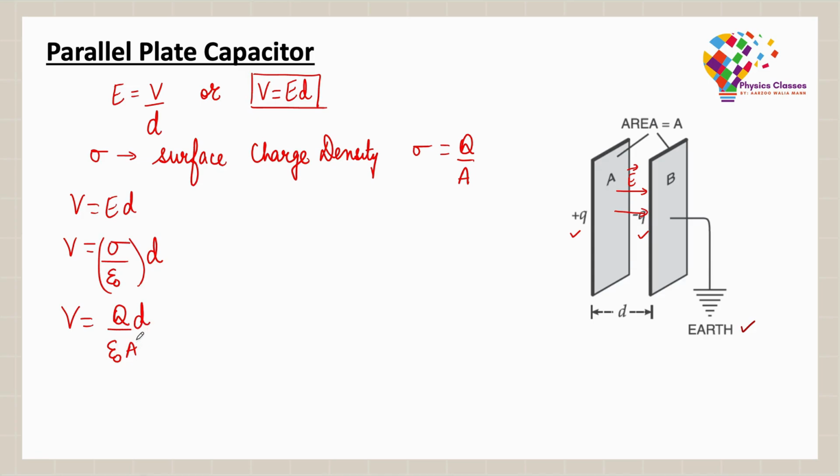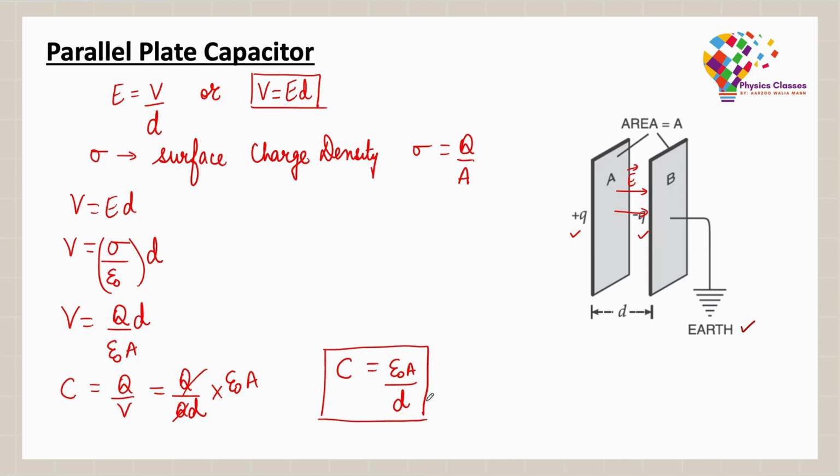Now further, I know that my C is going to be equal to Q by V. So I can substitute this value of V that I have derived. So I'll have Q divided by Qd by epsilon naught A. So Q and Q get cancelled and from here my capacitance comes out to be epsilon naught A by d. This is the actual formula to calculate capacitance.